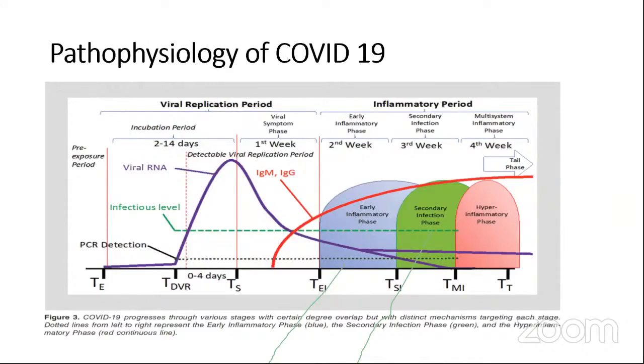However, starting immunomodulatory drugs, especially steroids, before this phase, before the patient becomes hypoxic and ill-looking in the inflammatory phase, especially during the viremic phase, is dangerous.